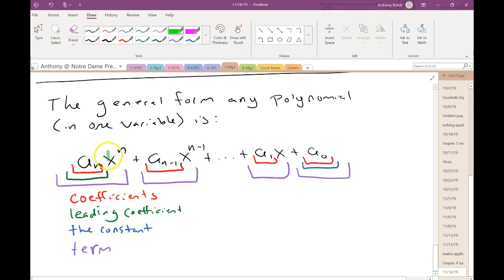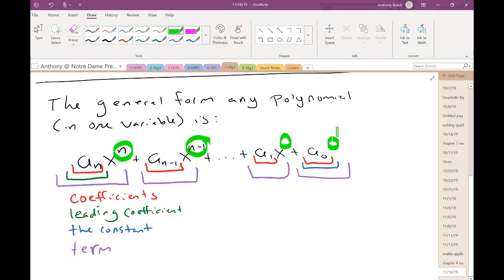Well, I started with the nth, the n minus 1. The next one would be n minus 2. This one is 1, and then we're at 0. So if I count down from n to 0, how many numbers did I count down from? N plus 1.